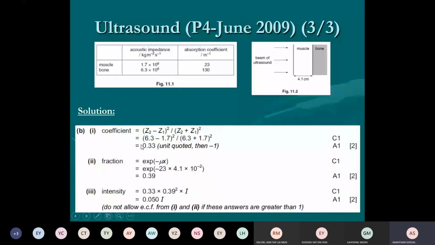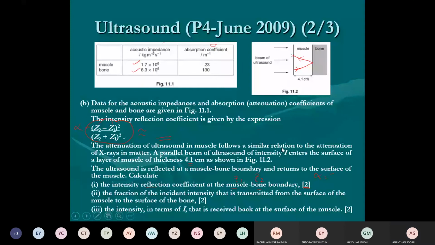So 33% has been reflected, 66% has been transmitted. Okay, good number. 33% reflected, so we can scan the muscle quite well. So that's the first answer. The intensity reflection coefficient of the muscle-bone boundary uses this formula, (Z2 minus Z1) squared over (Z2 plus Z1) squared, and it's found to be 0.33.